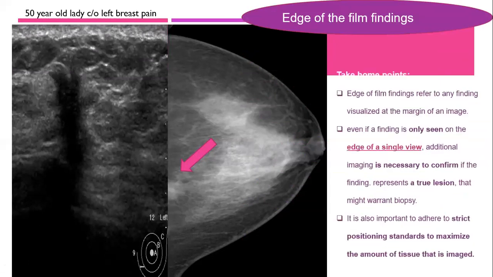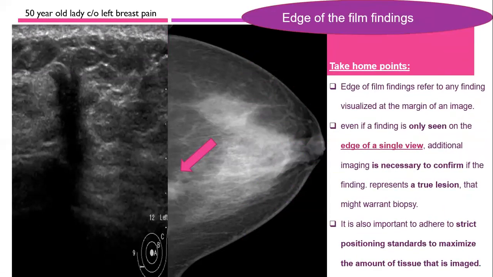For this lesion we did an ultrasound and it demonstrated a typical shadowing invasive cancer. So this is edge of the film, and the important point is that it refers to any finding visualized at the margins of the image. Even if seen in a single view, we have to consider it, clarify it, do other views, and at least do an ultrasound to make sure whether there is a true lesion or only an artifact or normal breast tissue seen at the edge of the film.